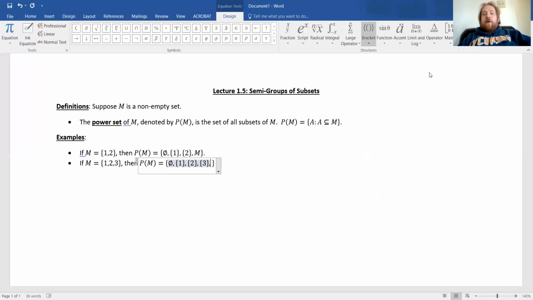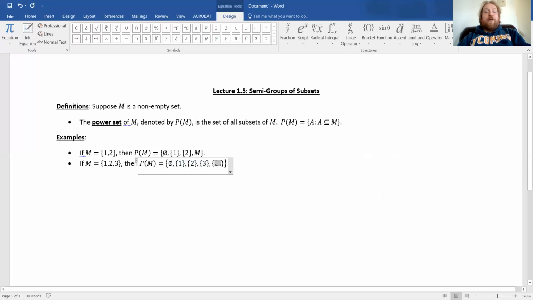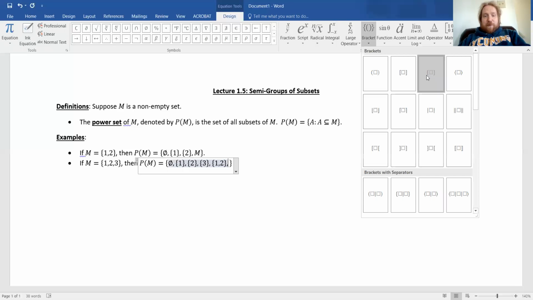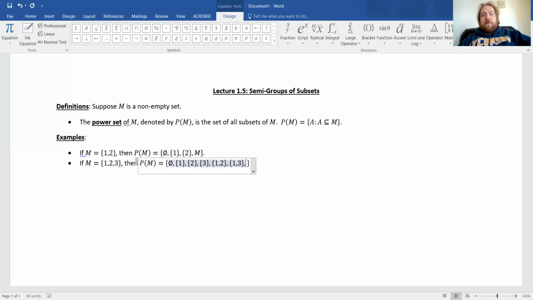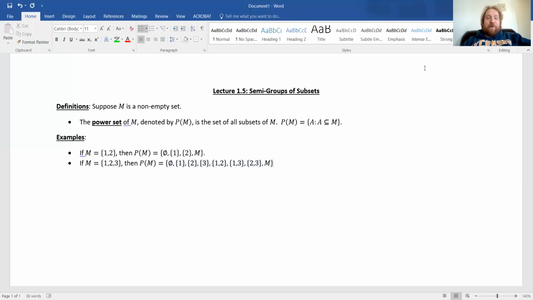Now we'll look at the sets that have 2 elements. So the set containing 1 and 2, the set containing 1 and 3, the set containing 2 and 3. Those are the sets that have 2 elements. And then M, the whole set, is the set that contains 3 elements.